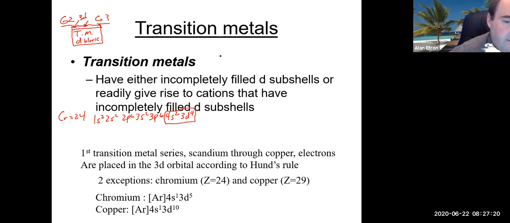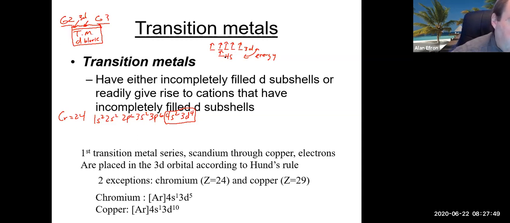These orbitals, the 4s orbital and the 3d orbital, are super close in energy to each other. It's been found experimentally that both chromium and copper are more stable by promoting one of those s electrons upward into the d orbital.